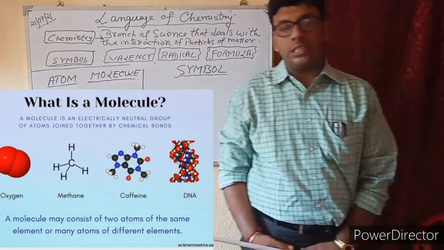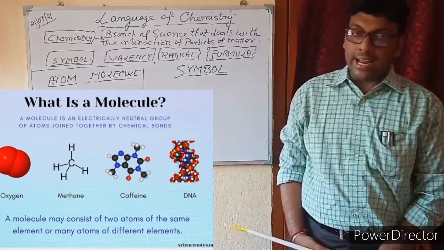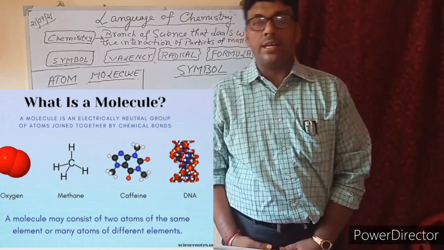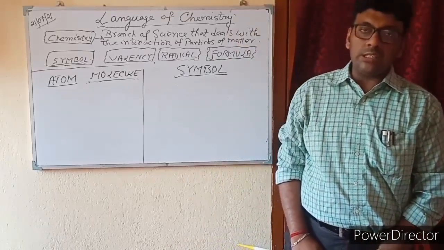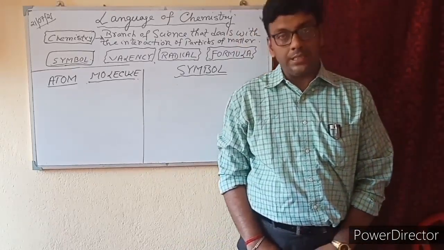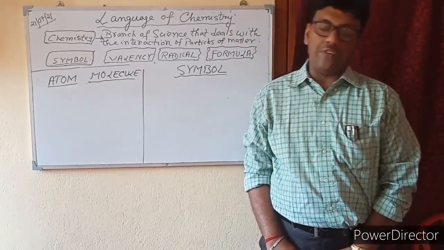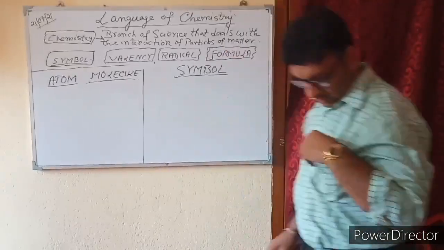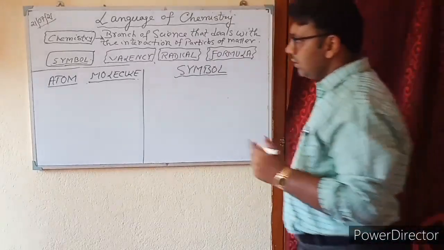From this concept we come to a different point, that is atomicity. What do you mean by atomicity? Atomicity is the number of atoms present in one molecule of any substance.